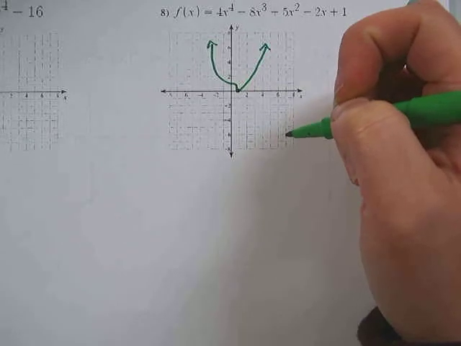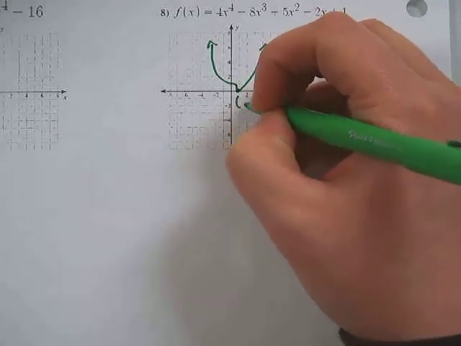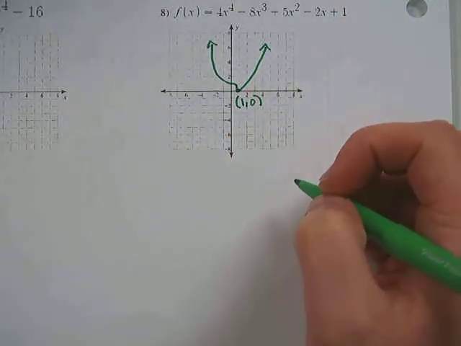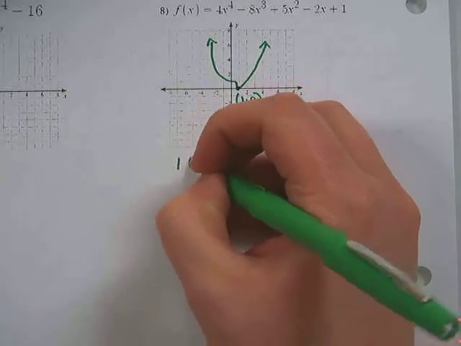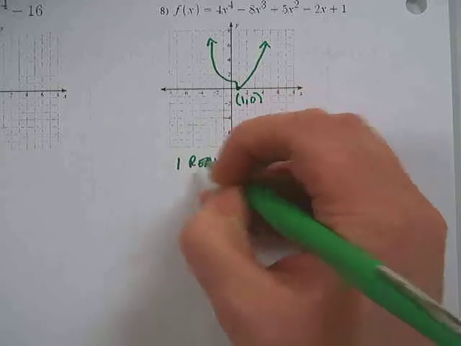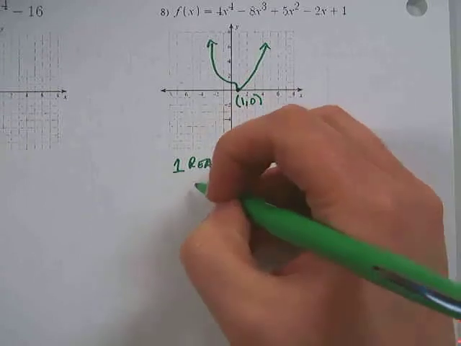So there's what our graph should look like. And notice this right here is at the point 1, 0. Okay. So in this graph, we have one real zero, and it's at x equals 1.